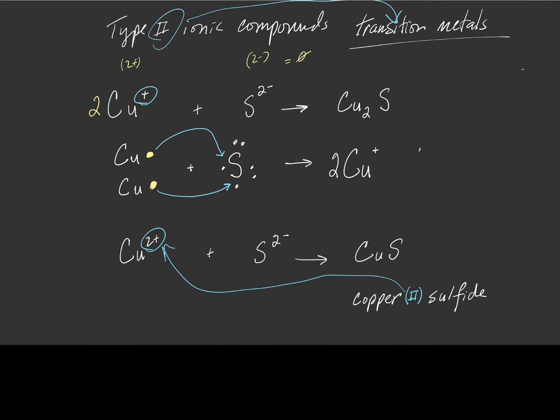We now have this sulfur that already had those 6, but it took away 2 electrons.